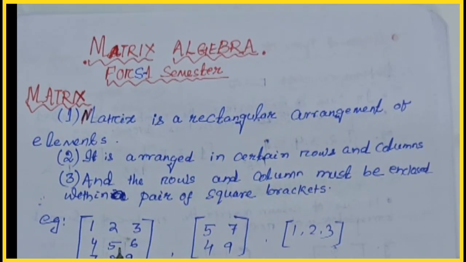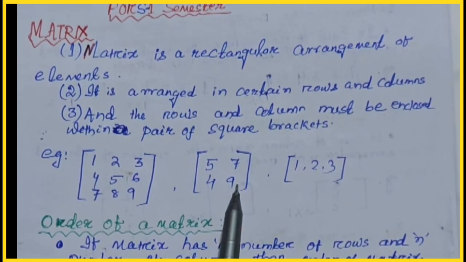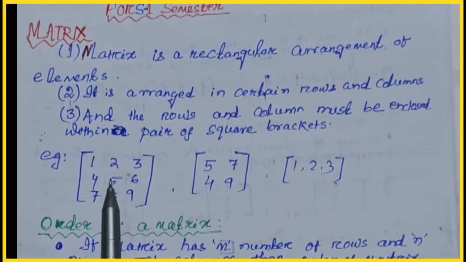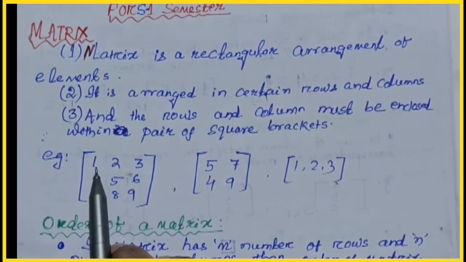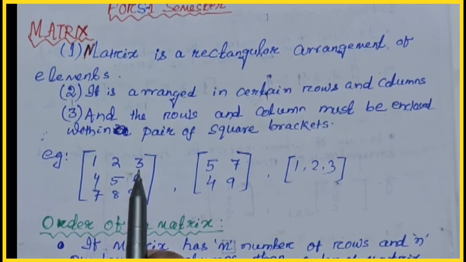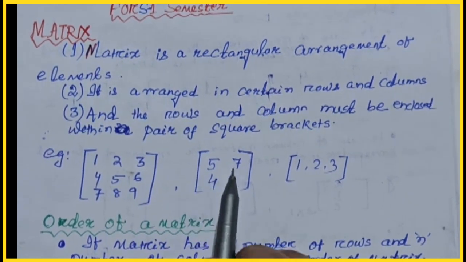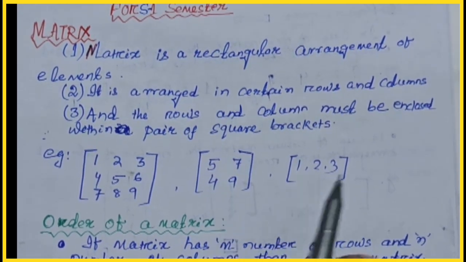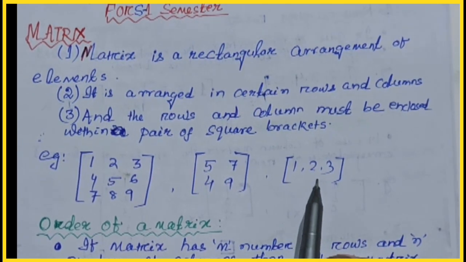So the examples of matrix are this one 3x2 matrix, this is 2x2 matrix, and this is a single row matrix. Here the number of rows is 3, number of columns is 3. Here number of rows is 2, number of columns is 2. And in this case only one row, so it is a row matrix.